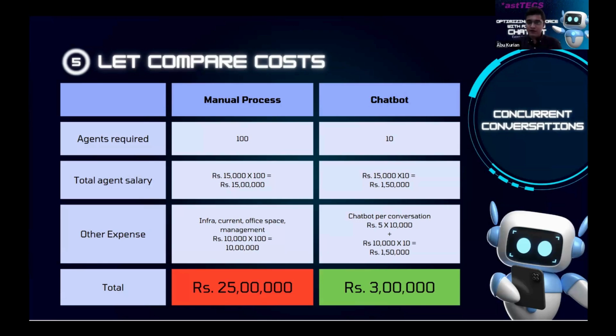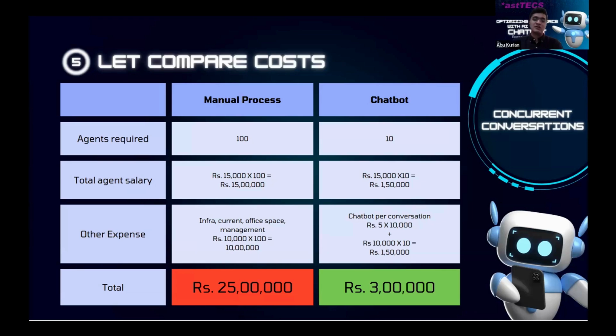Now, for the office expenditure, that would be another 10,000 rupees for each of the 10 agents. And then you would have chatbot conversations. Say on average after setup, each conversation would cost you about 5 rupees.